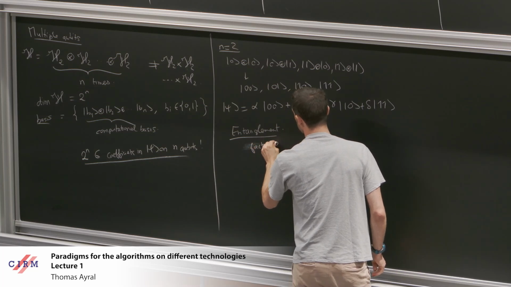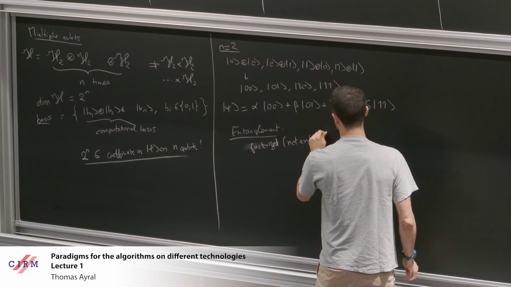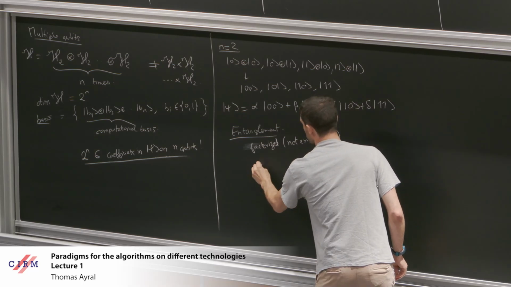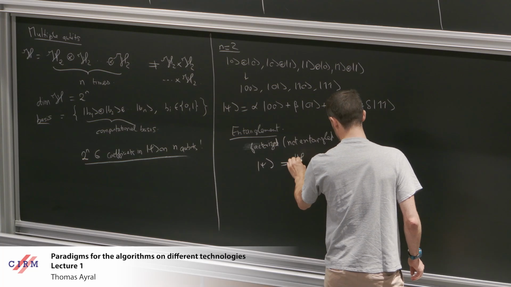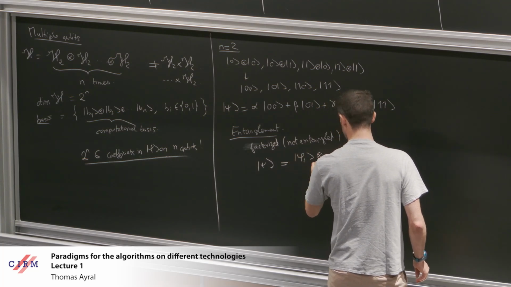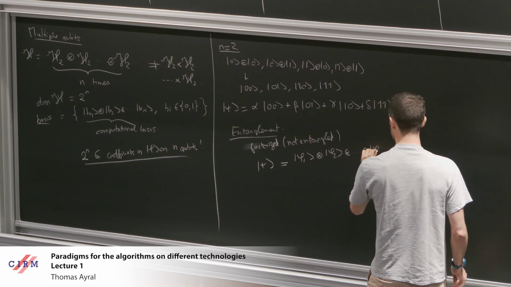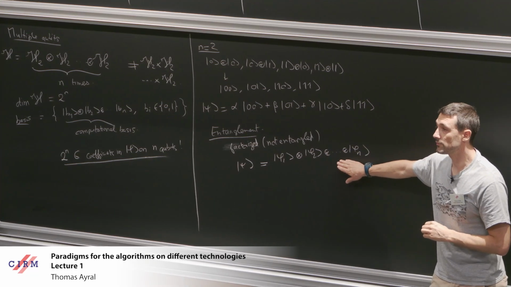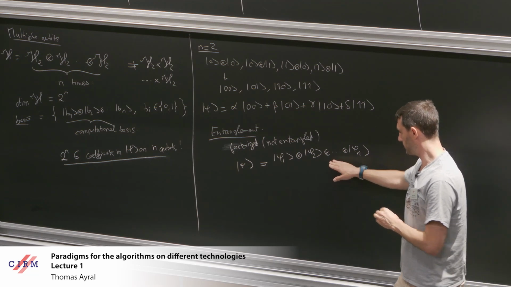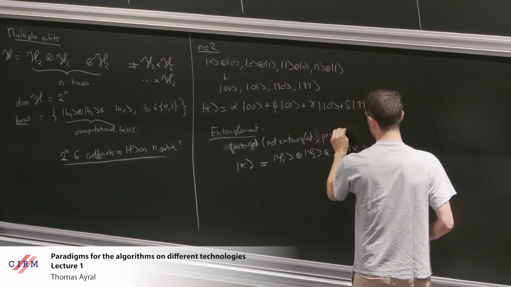A factorized state means not entangled, and is defined as a state that can be written as a tensor product of one-qubit states, so phi 1 tensor phi 2 tensor up to phi n. That would be a factorized state, also called a product state, or not entangled state.